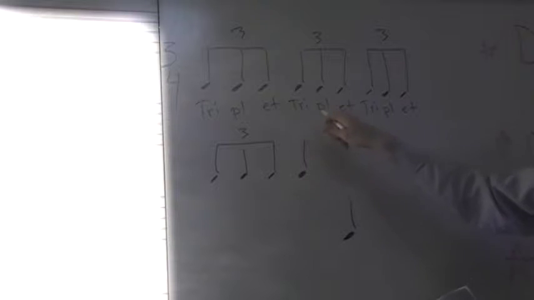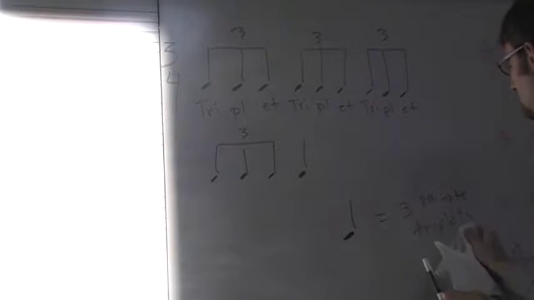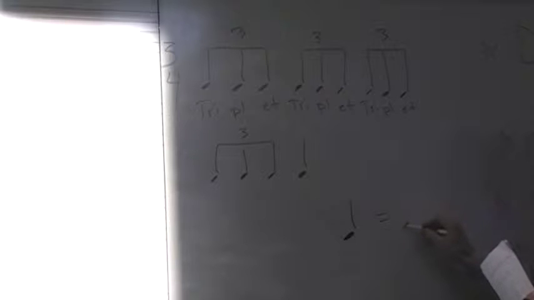A couple of things that we'll want to clarify here is quarter notes in a triplet. A quarter note by itself, just a quarter note, gets 3 eighth note triplets. That's weird because we're used to quarter notes equaling 2 eighth notes. But if you have eighth note triplets, a quarter note equals one of those.